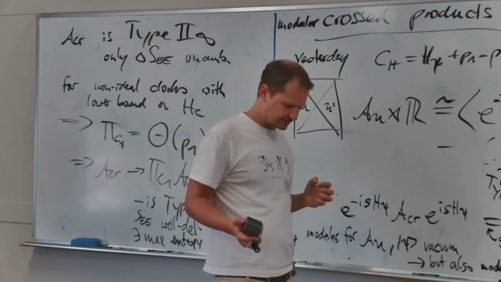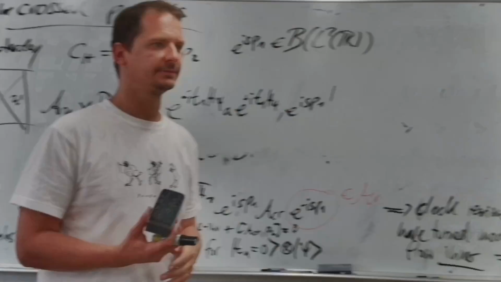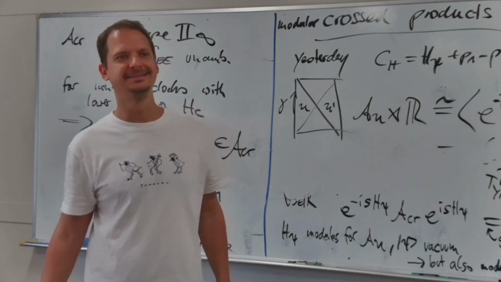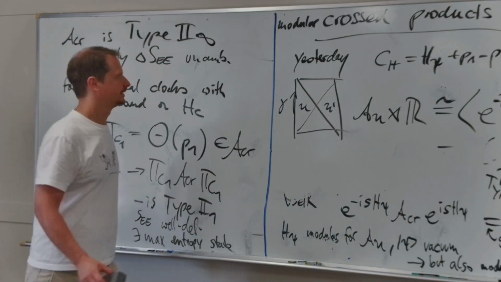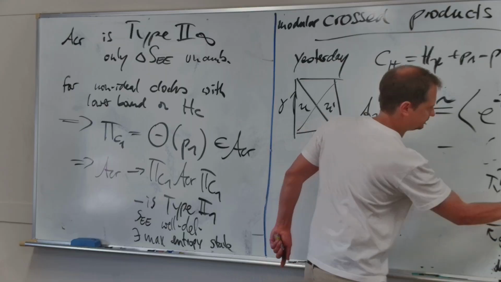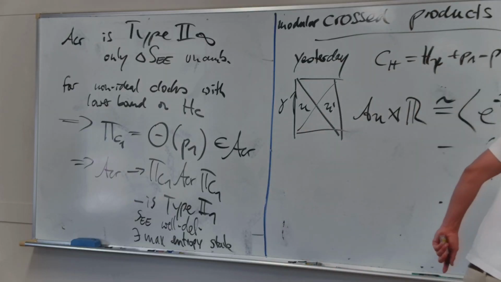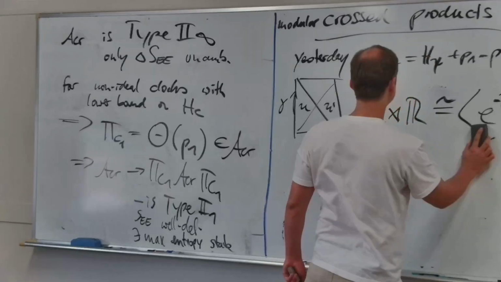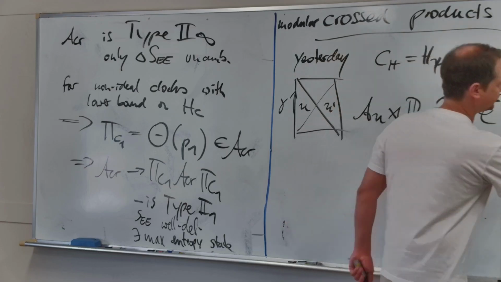I don't think you get generically a type 2 algebra in that case. So I think you get something more complicated.